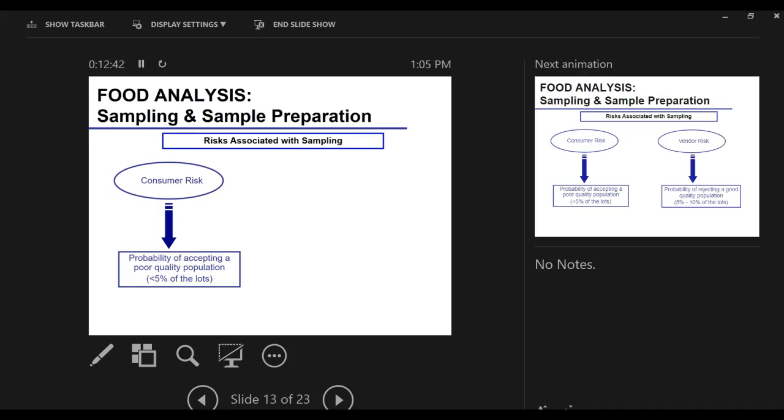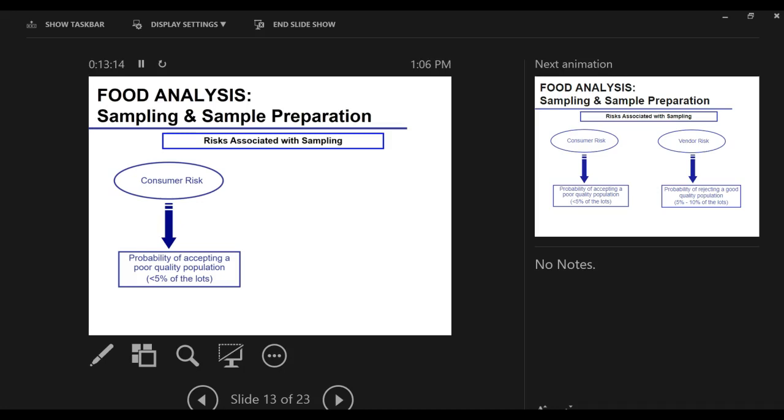Here's where we have to think about the risk when we plan our sampling, whether the sample size or the entire plan. We have what is known as consumer risk. This is really important because it impacts the consumer, whether from a health perspective or whether they're going to like your product and come back and buy it, or you would lose your customer.